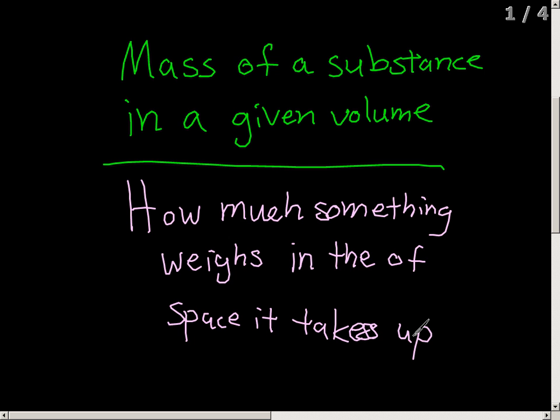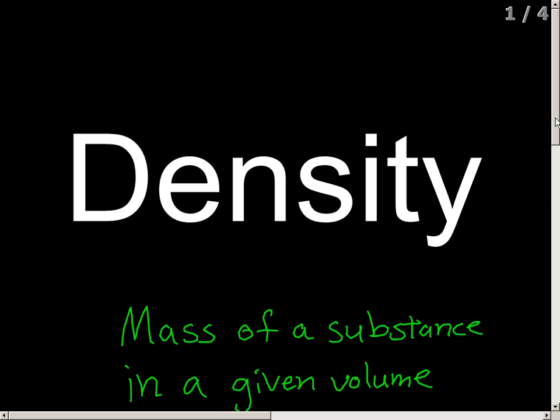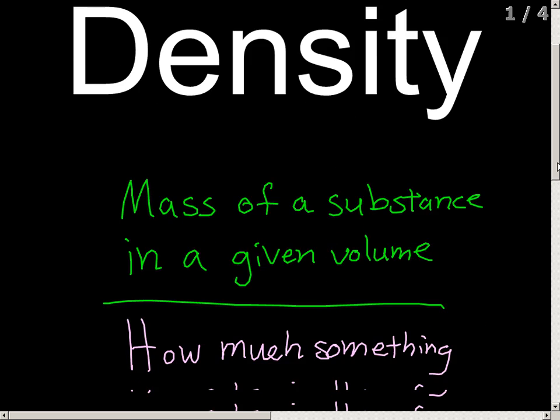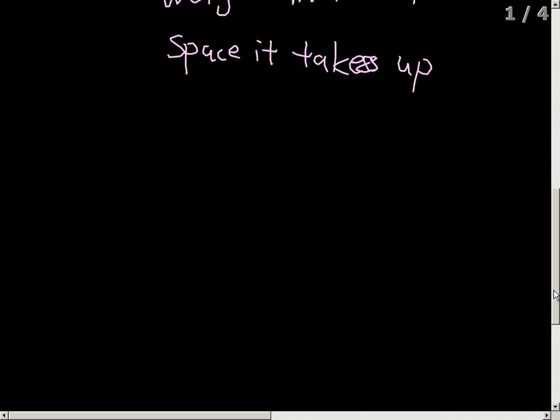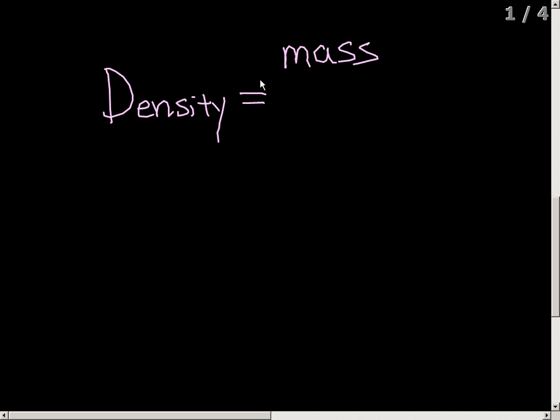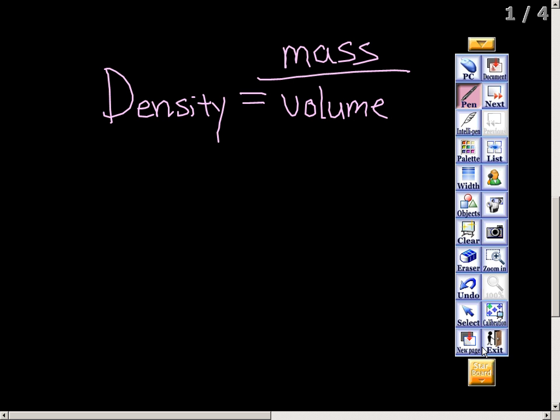We do have a mathematical formula, a very simple formula we use for calculating density. It basically shows the ratio that I'm talking about there. The density of an object is equal to the amount of mass it has divided by the volume. And we talked about this already.